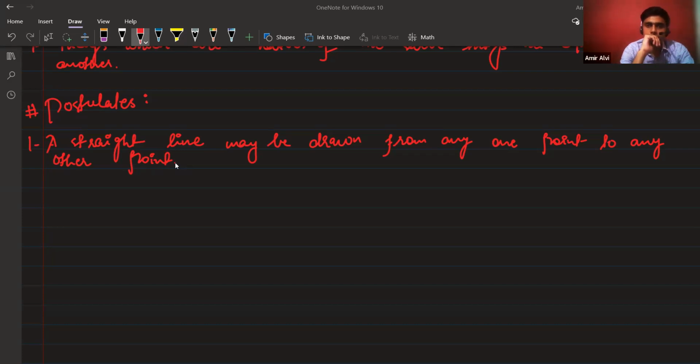Simran, have you written this? Yes. So basically its postulate is saying that a straight line can be drawn from any one point to any another point.